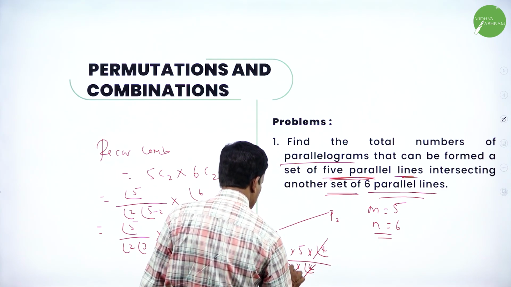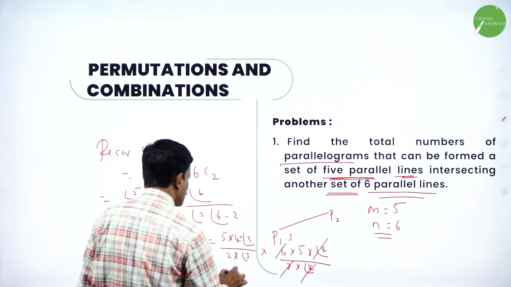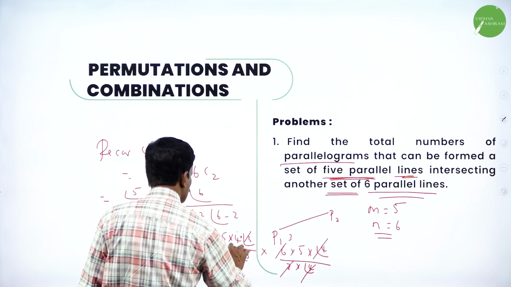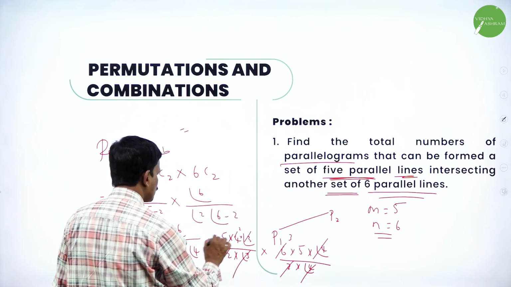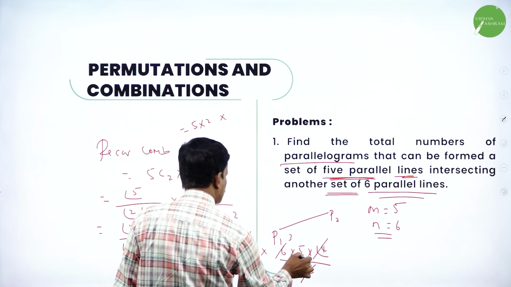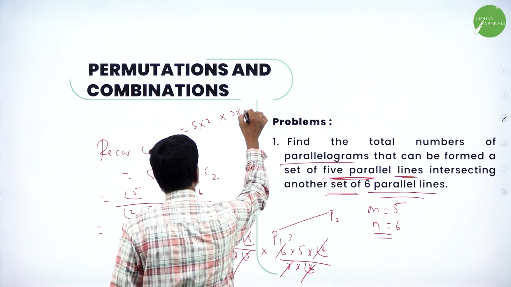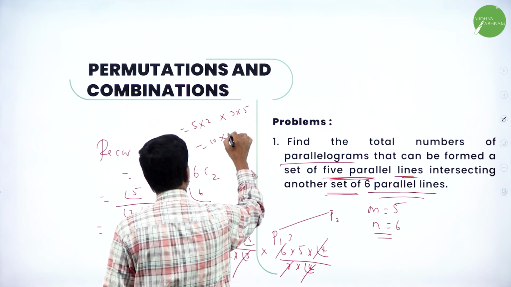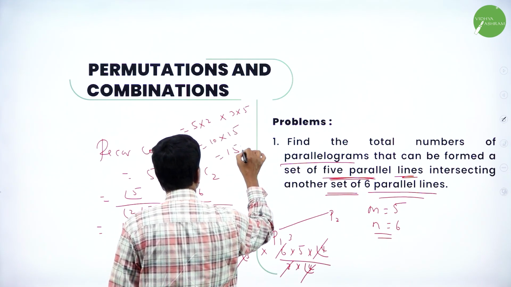So factorial 3 gets cancelled, factorial 4 gets cancelled. So what is the required answer? 5 into 2 into 3 into 5. So 5 2s are 10 into 5 3s are 15, that's equal to 150.